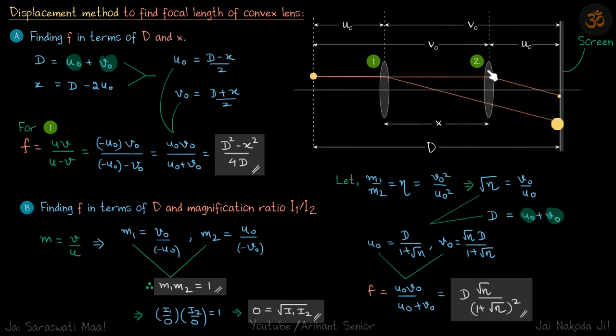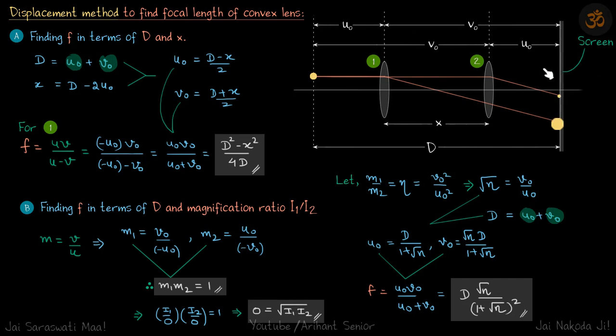One thing we also know is that when we got the sharp image here, if this is u0, then this distance, let's say, is v0. Then when the lens is at this position, this distance becomes v0 and this distance becomes u0. If you're wondering how we can say that, you can just imagine like this. If the object is at a distance u0, the image forms at a distance v0.